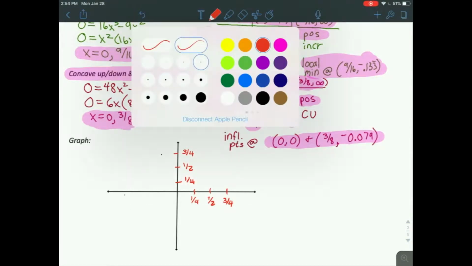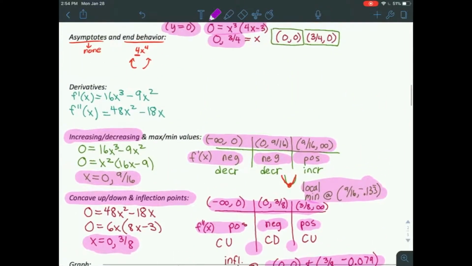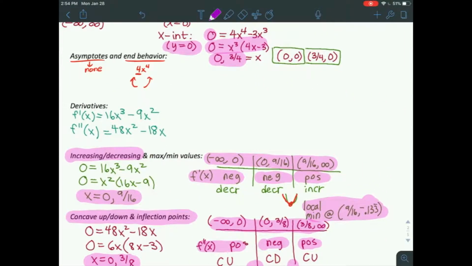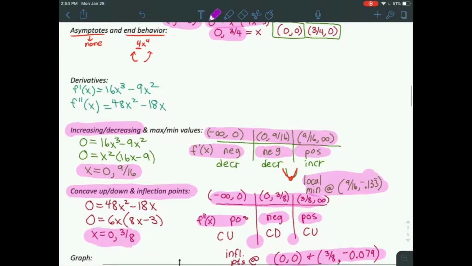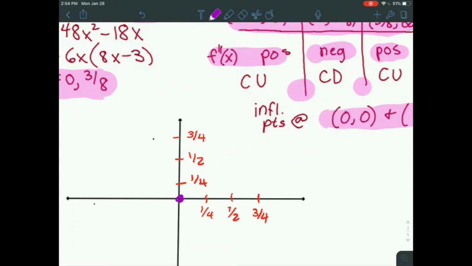Okay, so putting this all together, I would start with any points that you have. So like x and y intercepts, maximum and minimum values, and inflection points. So let's get those plotted. (0, 0) and (3/4, 0) are your x and y intercepts.